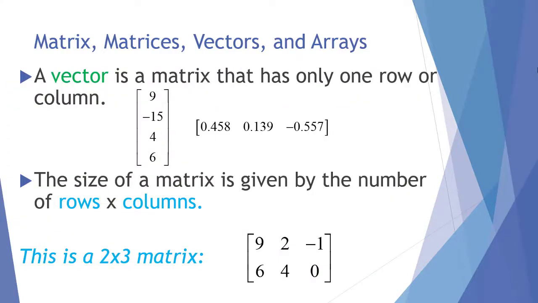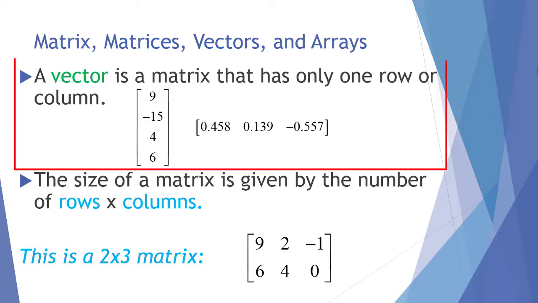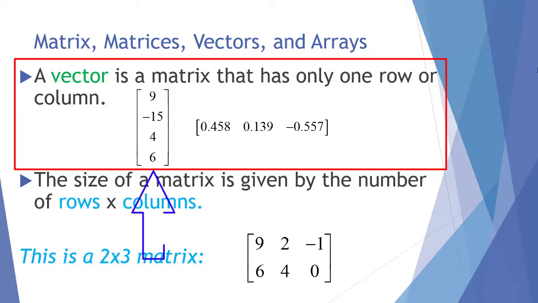Now, some matrices are skinny or flat. They're pretty small. If you have a matrix like these that only has one column, like this one, or one row like this one, so it's really barely a rectangle and more of a line, we call that a vector. Vectors have lots of applications in the sciences and mathematics.